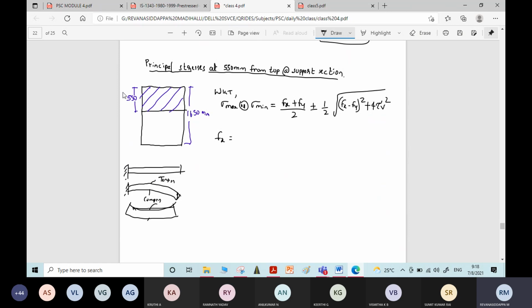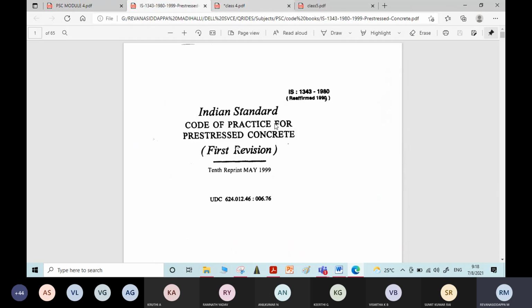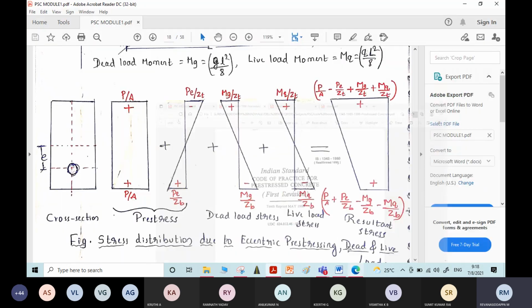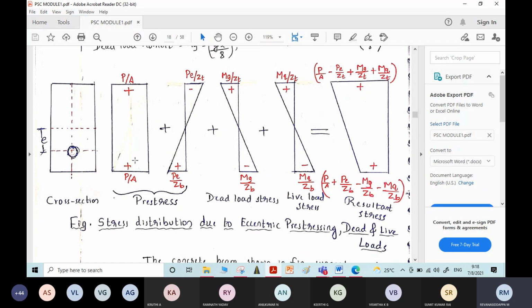So the formula for Fx becomes the top fiber tension case. Refer to the tension case in problem number 1. What is the tension case? Refer to these things and formulate the equation, that is P by A plus PE by Z minus mg by Z minus mq by Z.